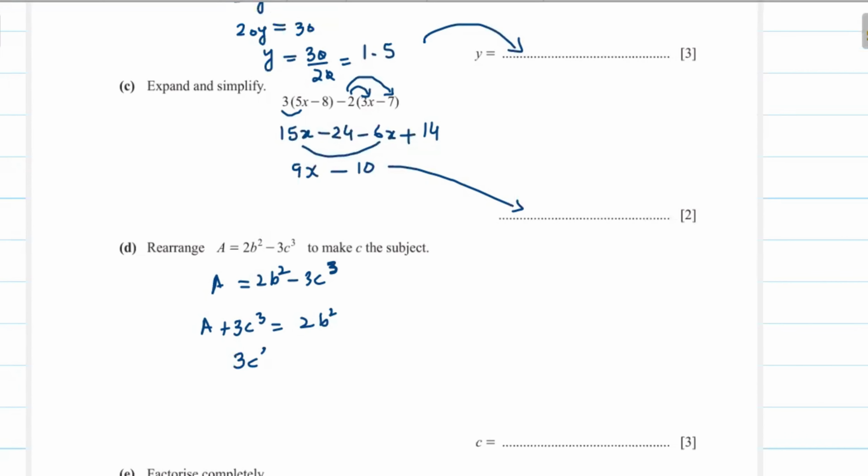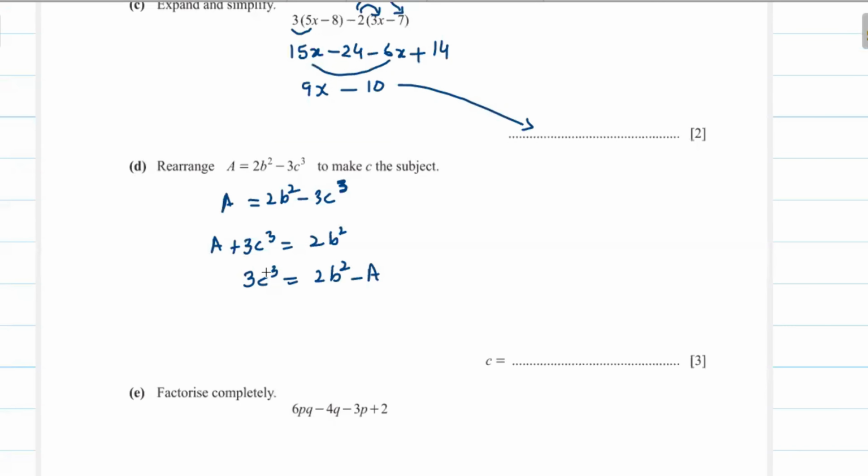This equation becomes 3c cubed equal to 2b squared minus A. For the value of C, we shift 3 from left to right side. Therefore, it becomes c cubed equal to (2b squared minus A) over 3, and C will be equal to the cube root of (2b squared minus A) over 3. We take the cube root on both sides, therefore the cube root of c cubed is cancelled.